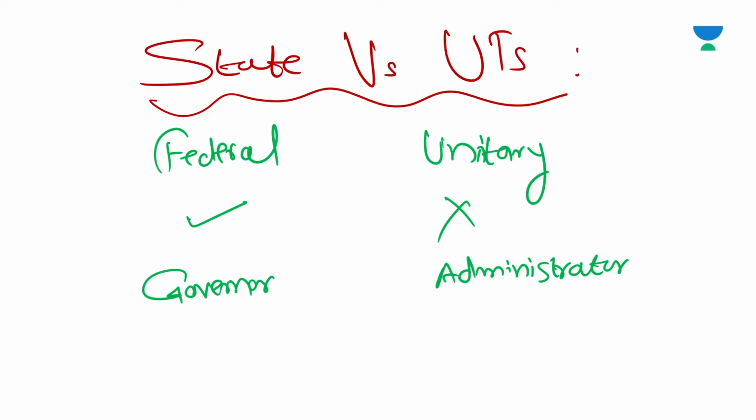The chief minister is elected by the people and administers the state, while the union territory is administered by an administrator or lieutenant governor appointed by the President of India.